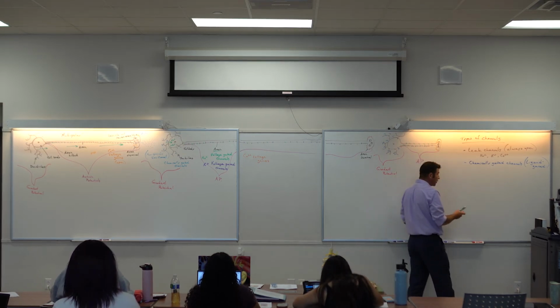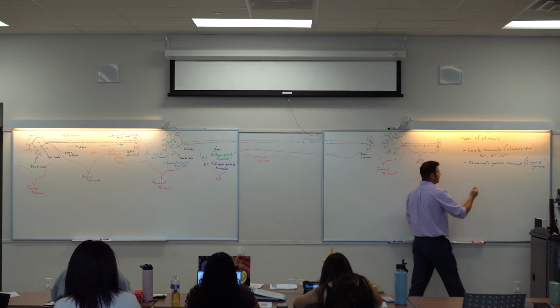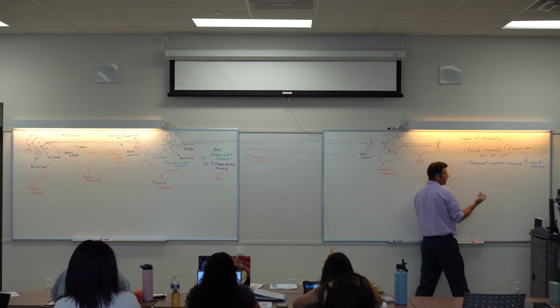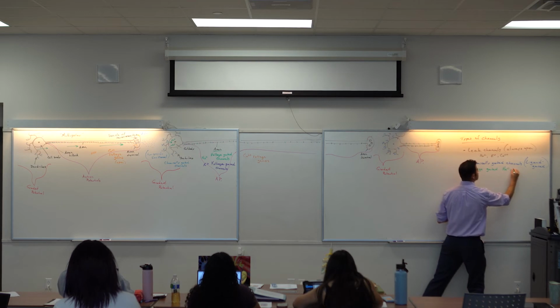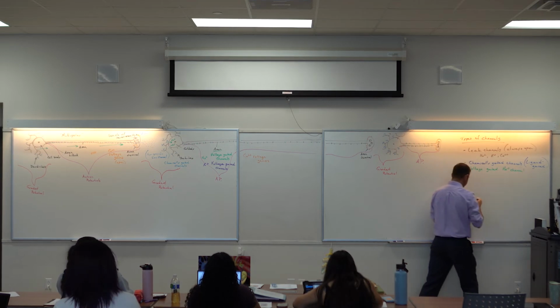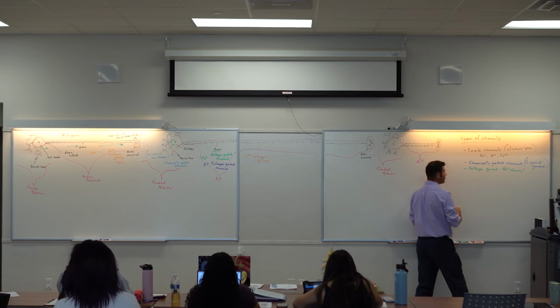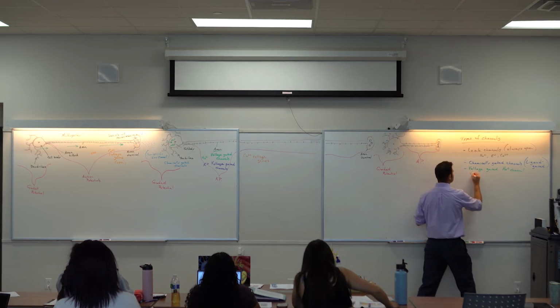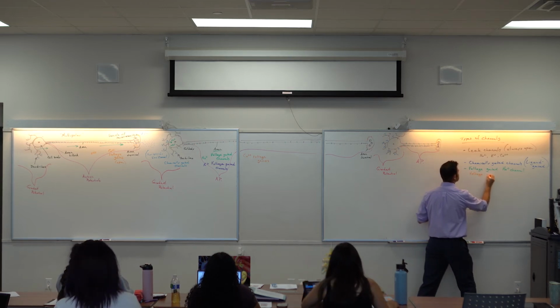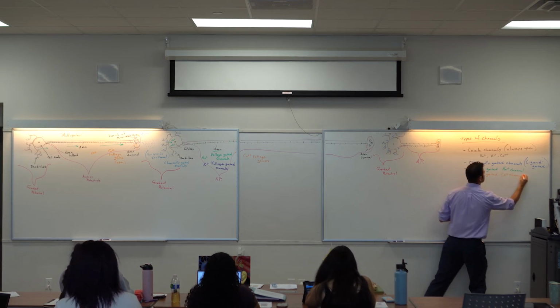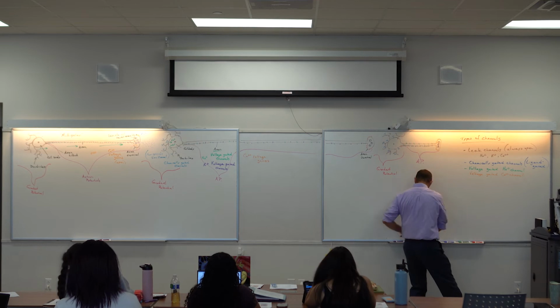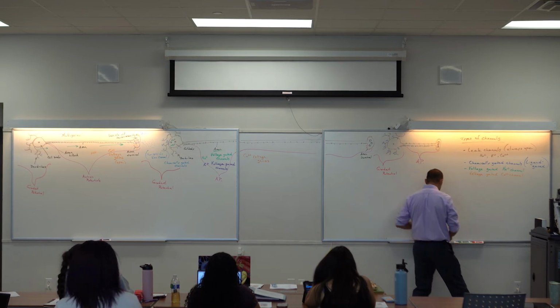And then we've got our voltage gated channels. Again, there's a gate there, but this gate opens and closes based on a voltage. We'll say voltage gated sodium ion channel. We'll have our calcium voltage gated channel. And the last one we'll put up is our voltage gated potassium channel.